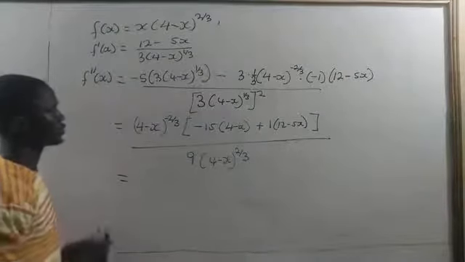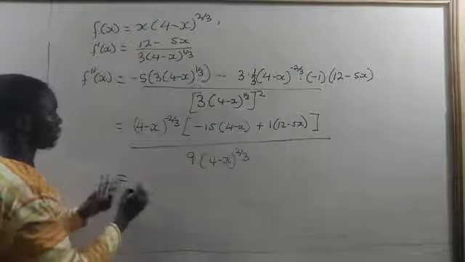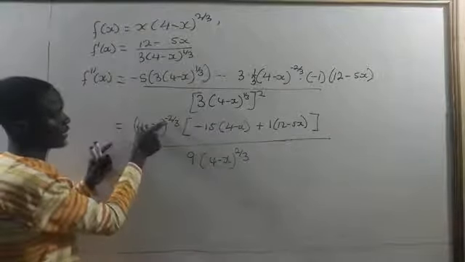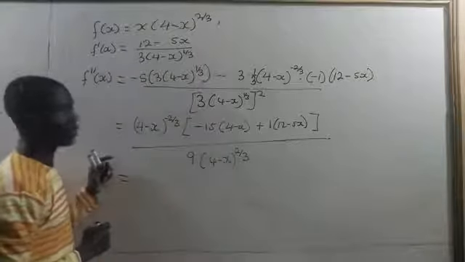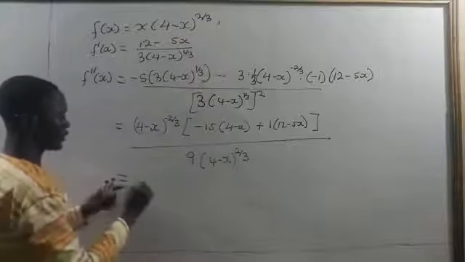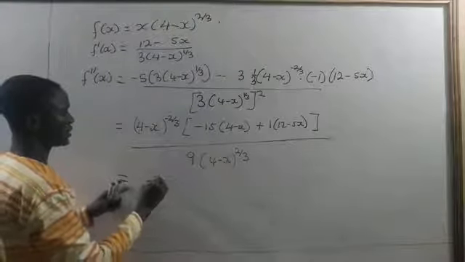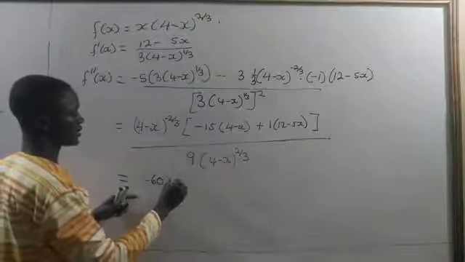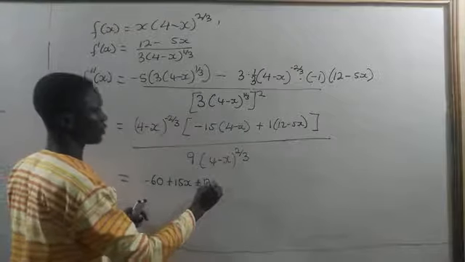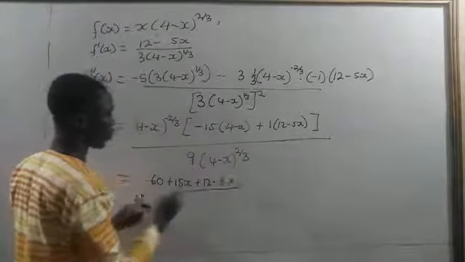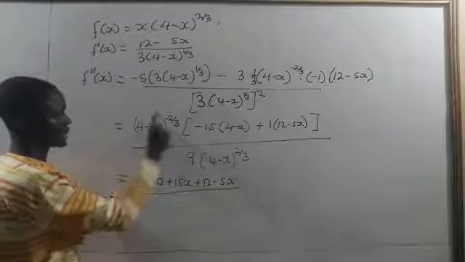Very simple. So we are now going to have, since this has negative power, we will bring it down to the denominator. So you are going to have minus 60 plus 15x plus 12 minus 5x all divided by this as negative power.